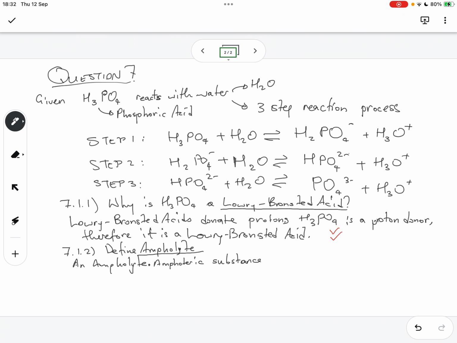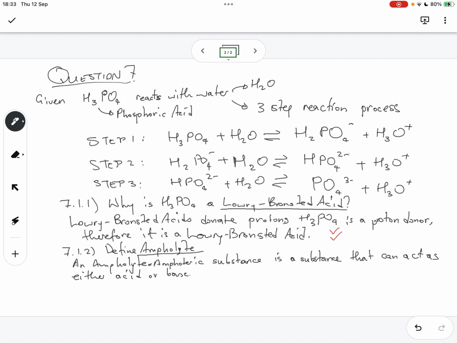So an ampholyte or amphoteric substance is a substance that can act as either acid or base. Ne? You remember that, Mus?